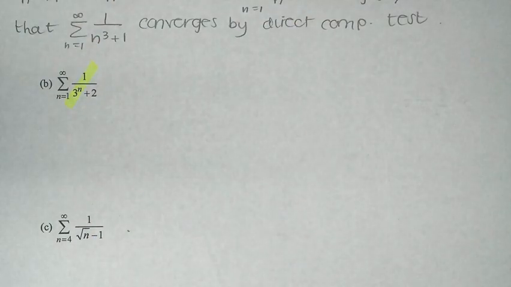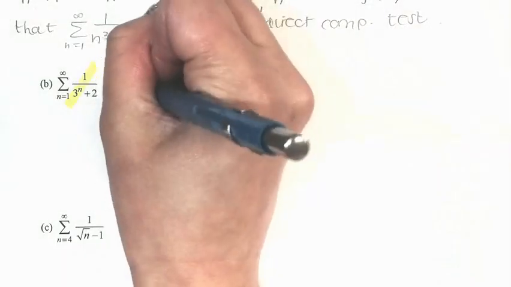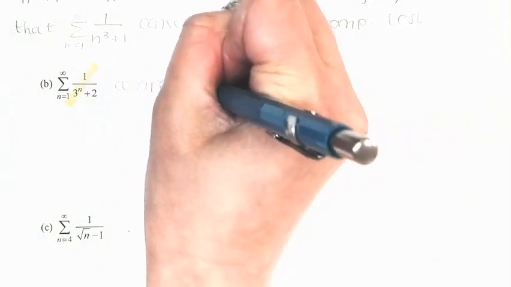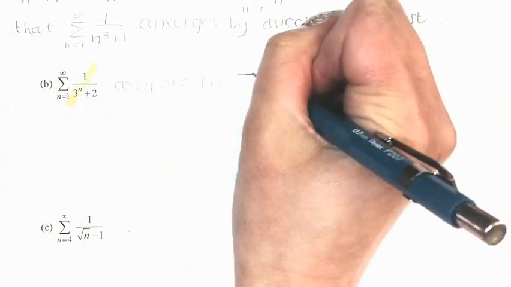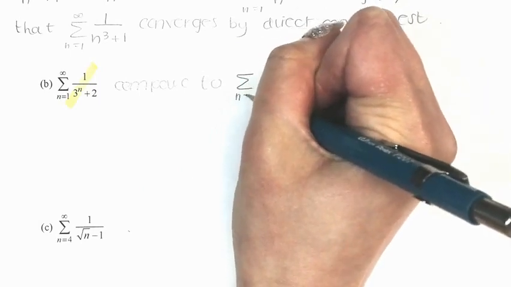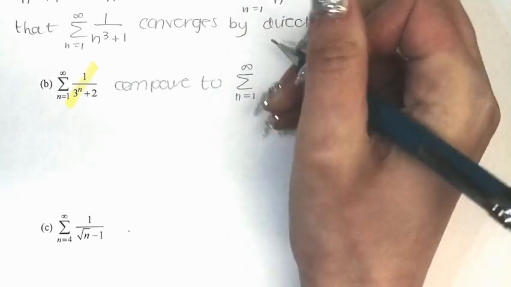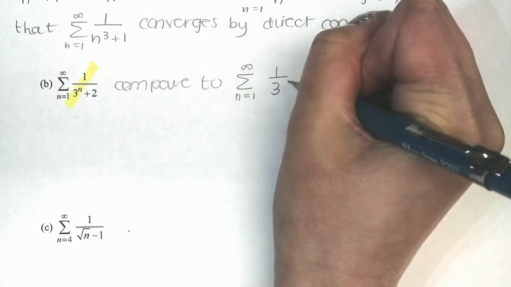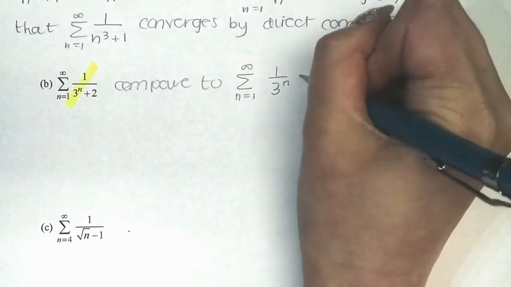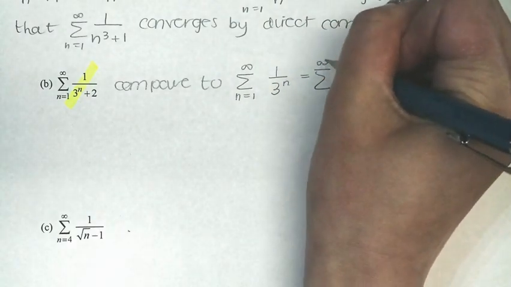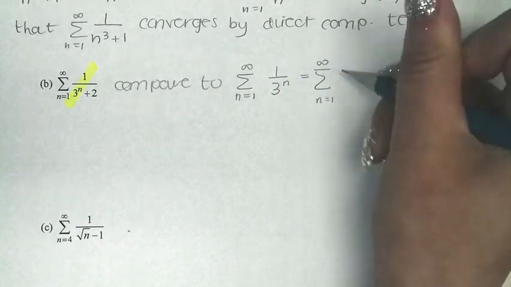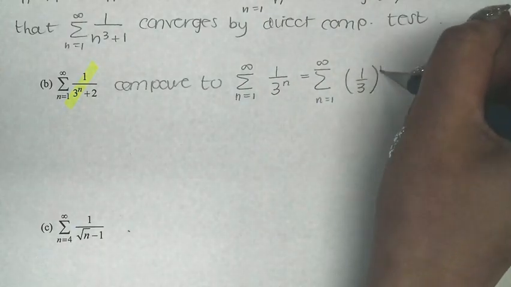Okay, so again, you spot that. Okay, so you are going to compare to the series that starts at 1 and goes to infinity of 1 over 3 to the power of n, which you know is going to be a geometric series. Look at that, 1 over 3 to the power of n.